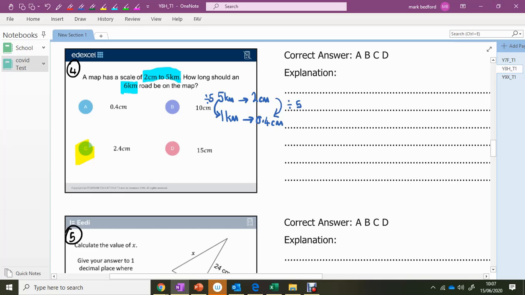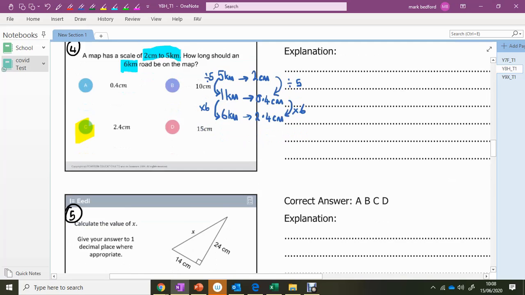Now I know 1 kilometer is 0.4 centimeters. If I scale that up by timesing it by 6 on both sides, 1 kilometer times 6 becomes 6 kilometers. 0.4 times 6 becomes 2.4 centimeters. So 6 kilometers is 2.4 centimeters, giving me the answer C.